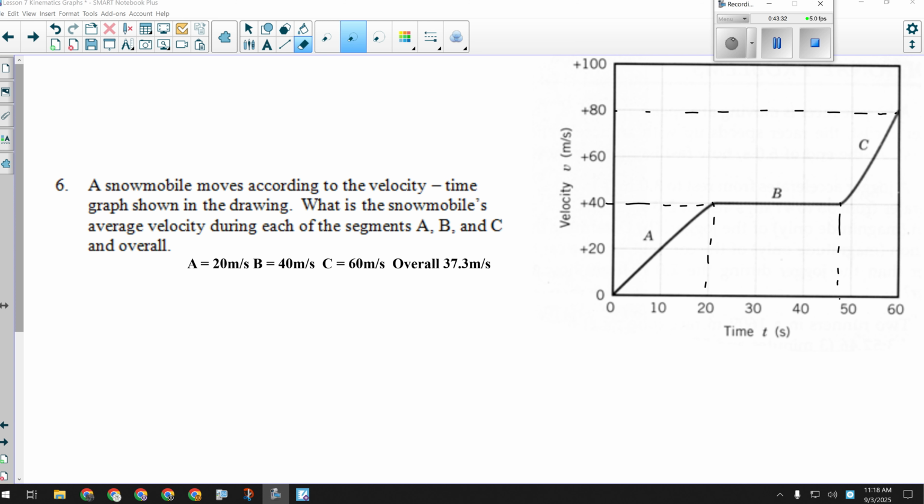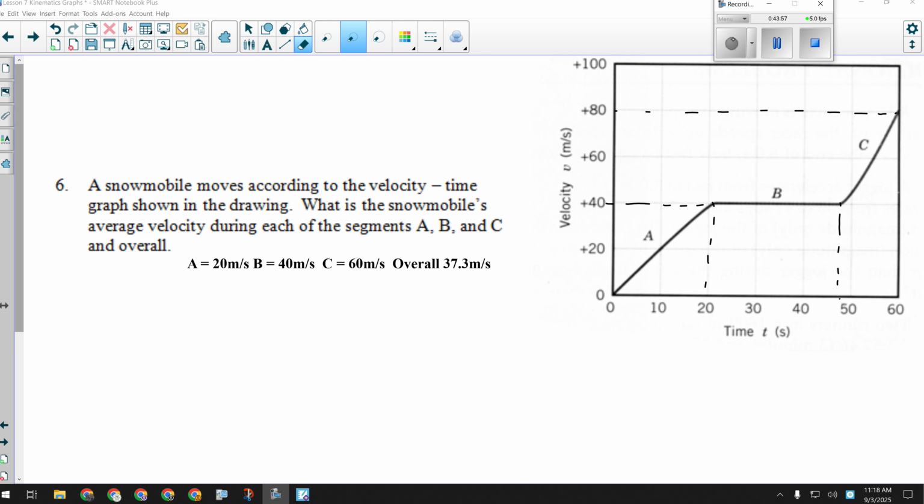What do you think? What's in the formula? V equals d over t. I need displacement and time. I have the time, time's right on the graph, but I have to calculate the displacement, which means doing a little bit of shape calculating here, right?